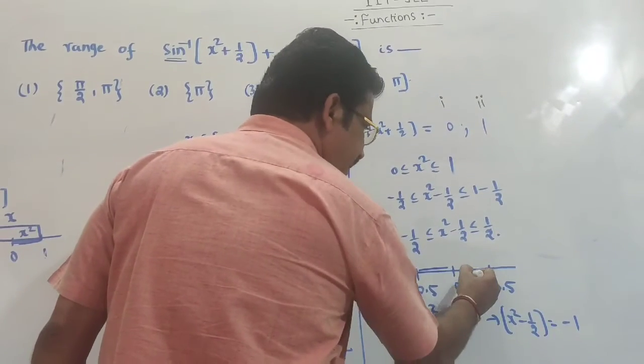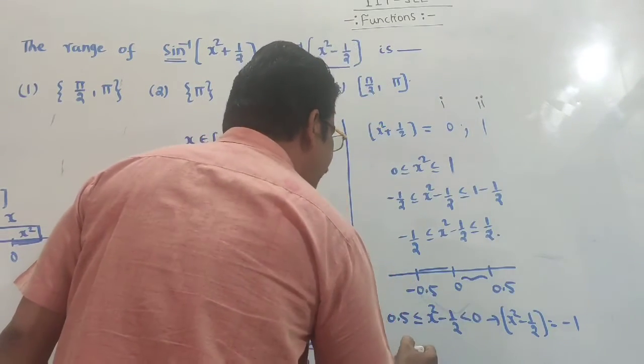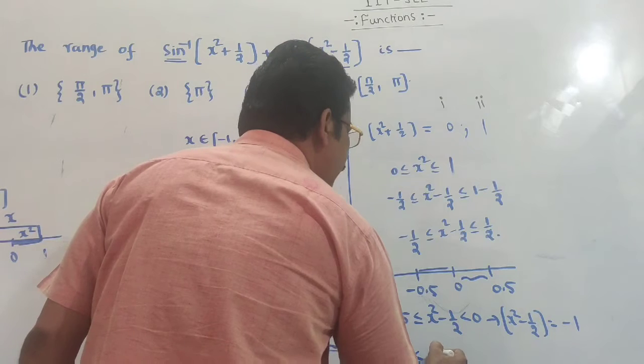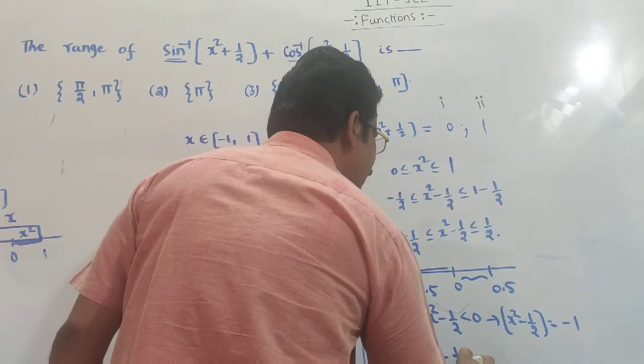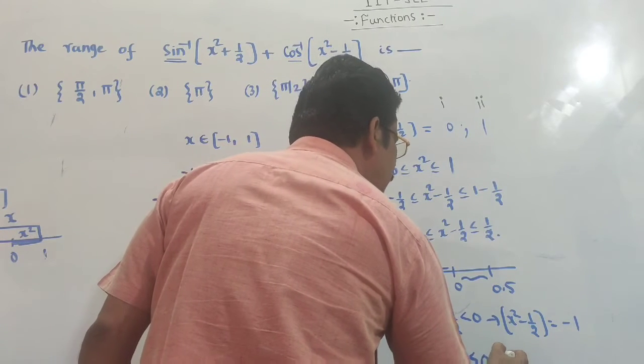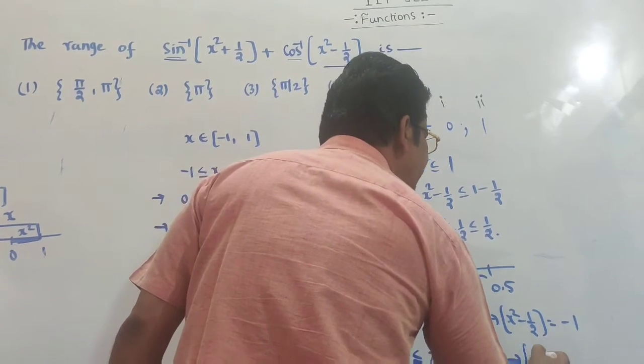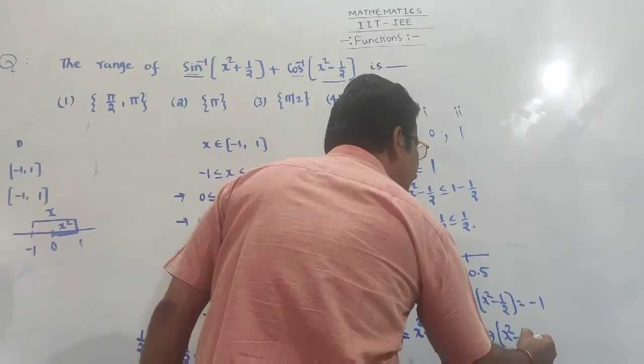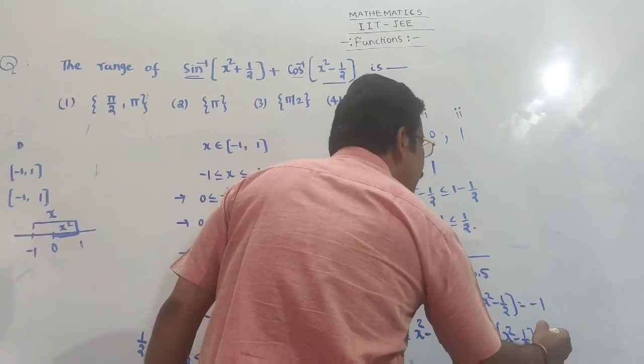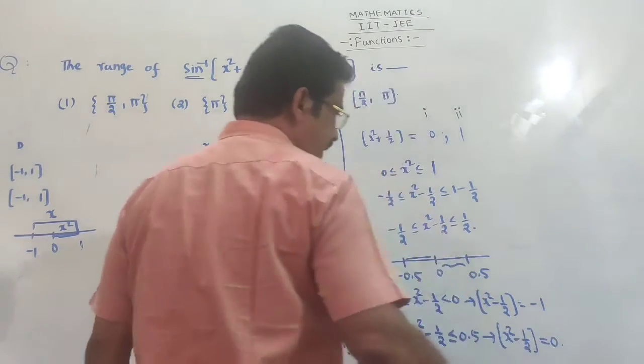Next, the interval 0 to 0.5. So 0 less than or equal to x square minus 1 by 2 less than or equal to 0.5, then its box value of x square minus 1 by 2 is equal to 0.